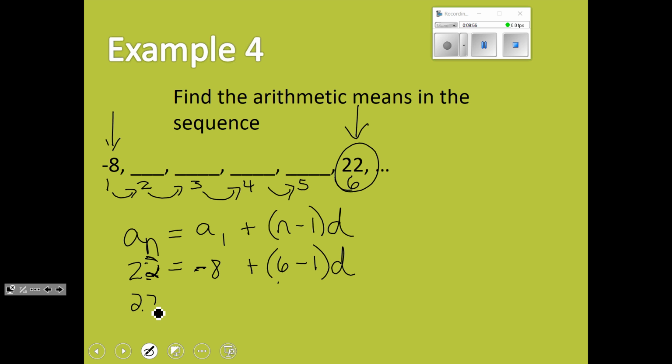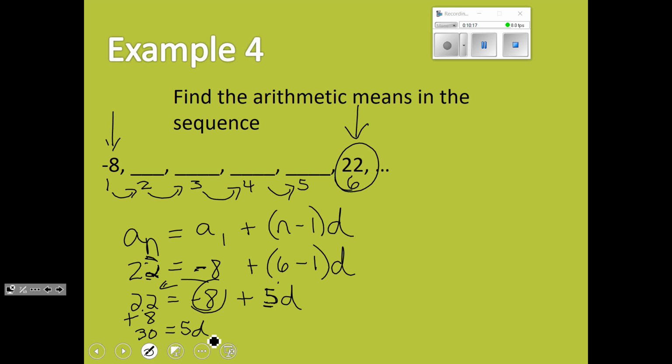So 22 equals negative 8 plus 5d. 6 minus 1 is 5, and 5 times d is 5d. And then I'm going to move this over and add 8. So 30 equals 5d.